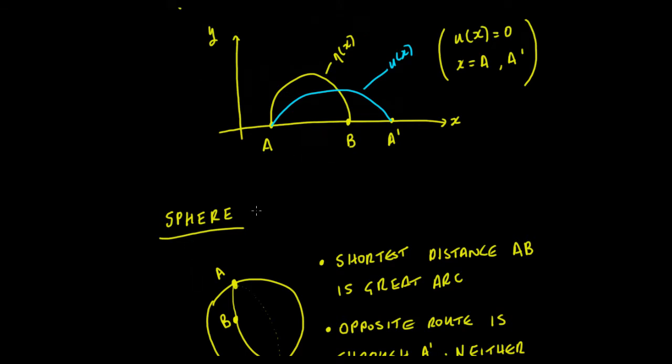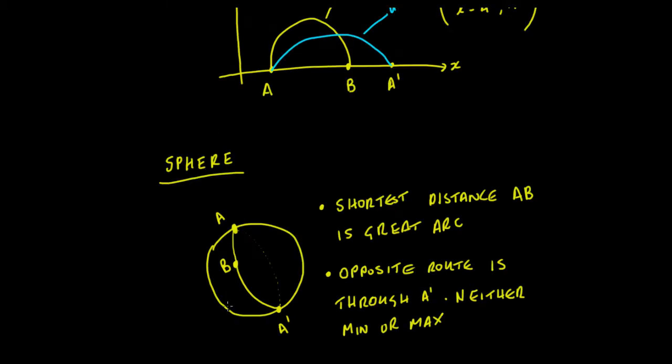This is a nice graphical representation of what we have above, because if we were going to travel from A to some other point B on one of these arcs, then we have two options. We can travel all the way around this way, and go through the conjugate point A dash to get to B, or we can take the short route from A to B. Now that's really what we're showing up here.